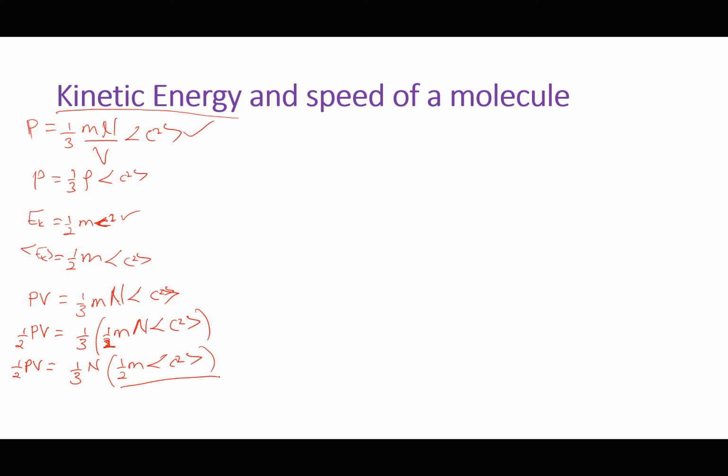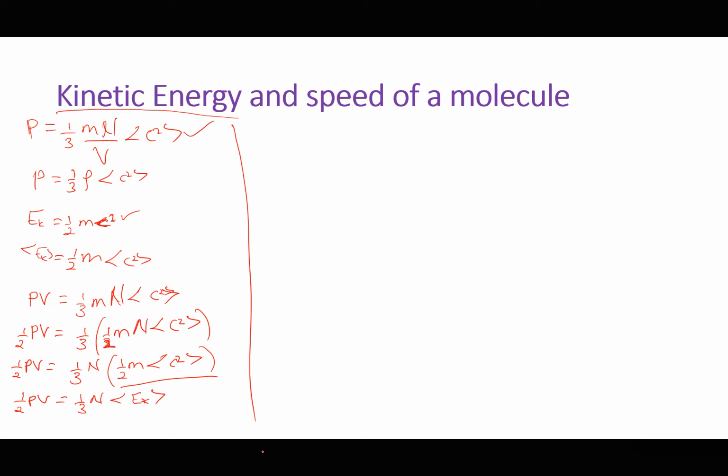Note that this is the average kinetic energy of a molecule. So this means I now have that a half times PV is equal to a third N times the average kinetic energy of a molecule.